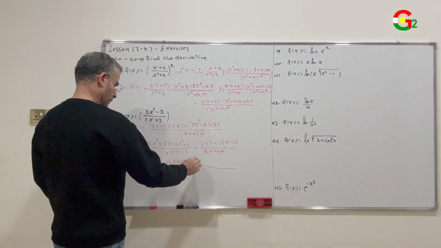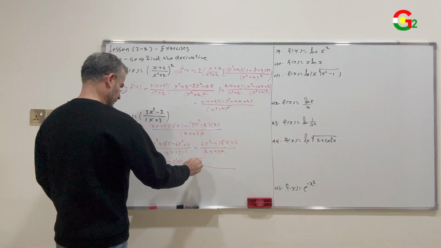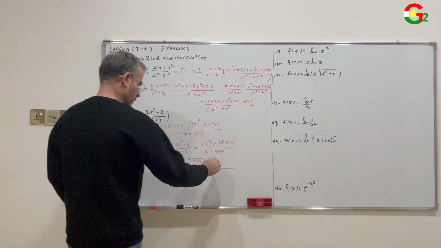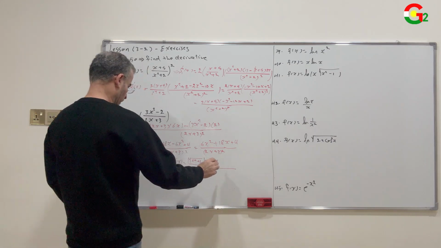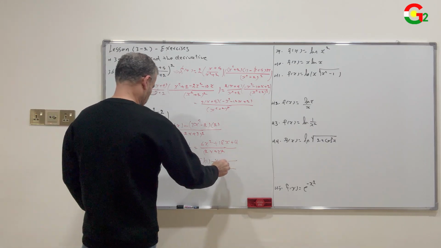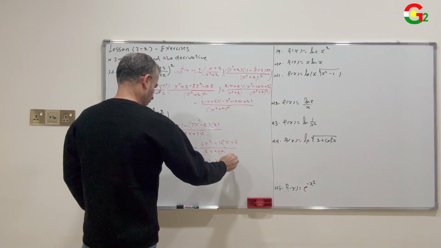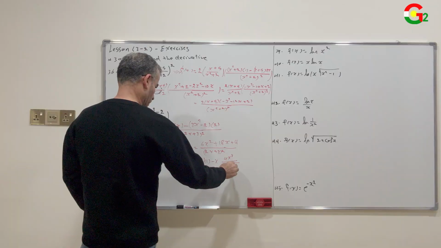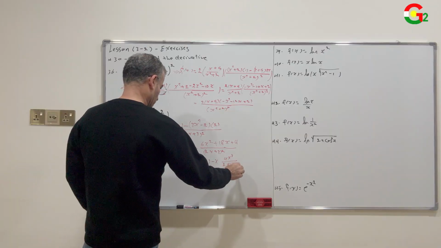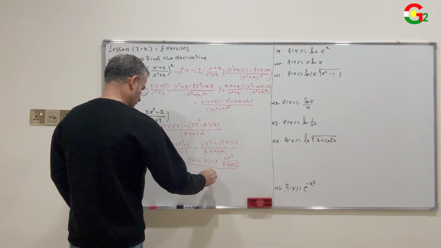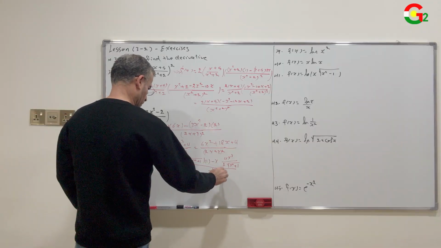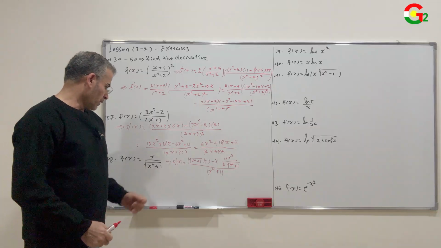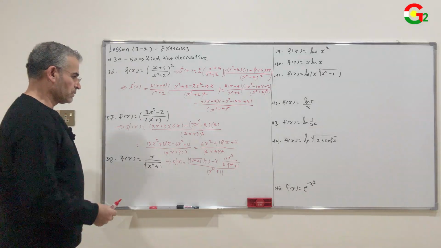The denominator times the derivative of the numerator minus the numerator times the derivative of the denominator, 4x power 3 over 2 square root x power 4 plus 1, over x power 4 plus 1 square root of x power 4 plus 1 square, it is x power 4 plus 1.